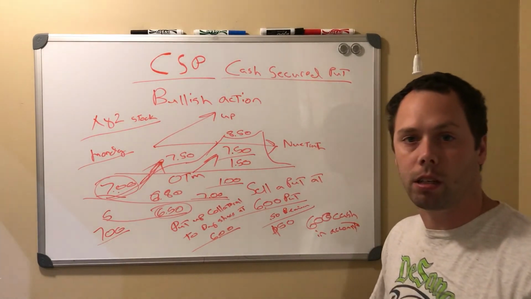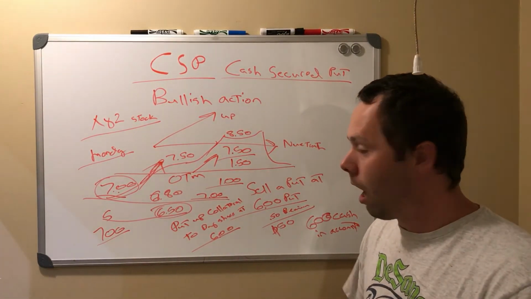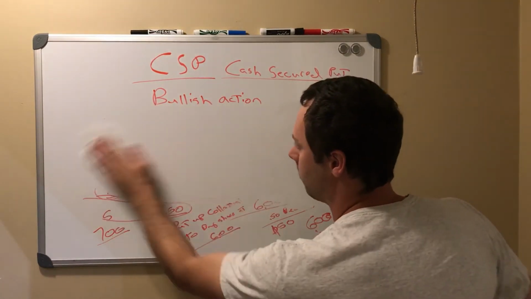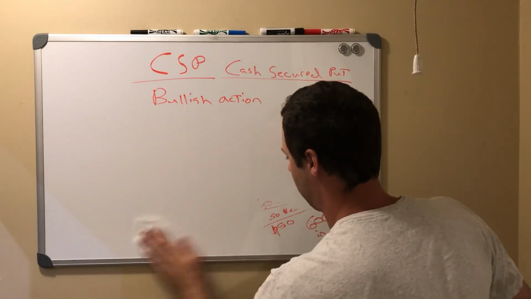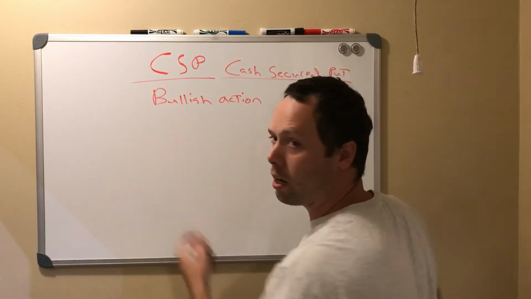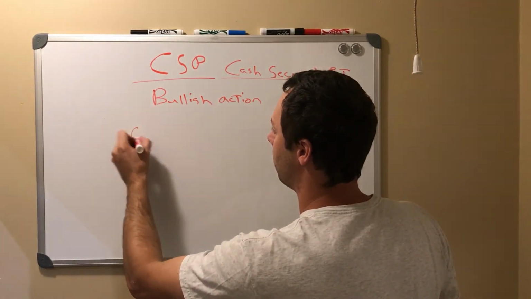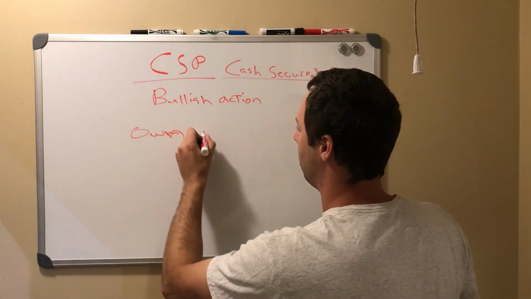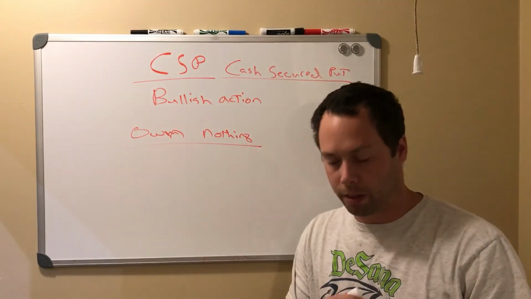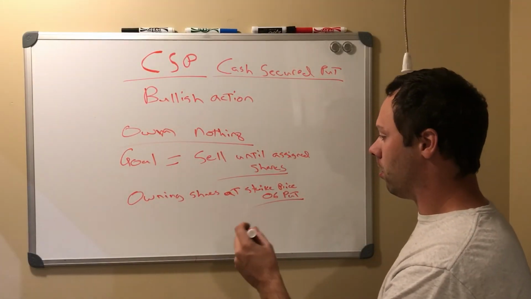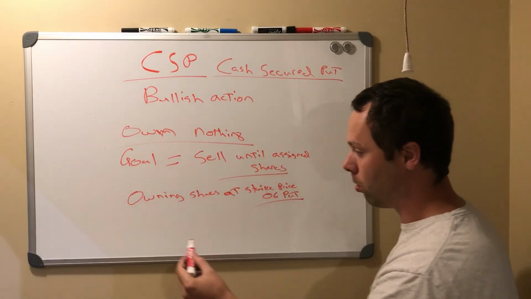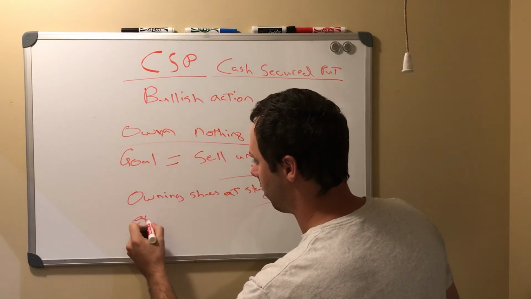Basically, with the put strategy, I don't own anything, so you're not having shares tracking your account. You own nothing. The goal is to sell these until I'm assigned shares, or I want to exit the trade.